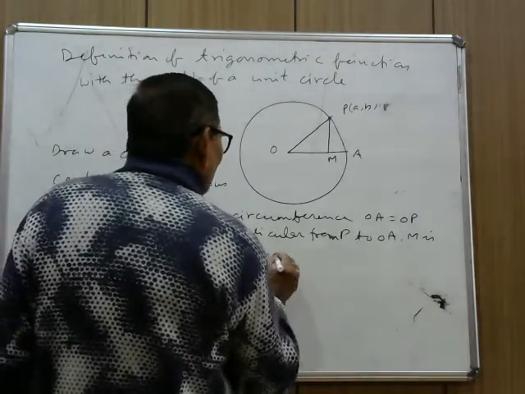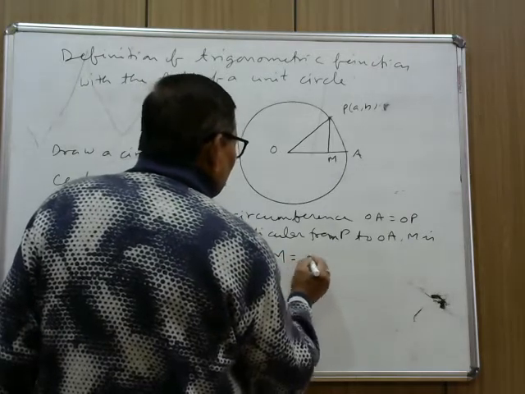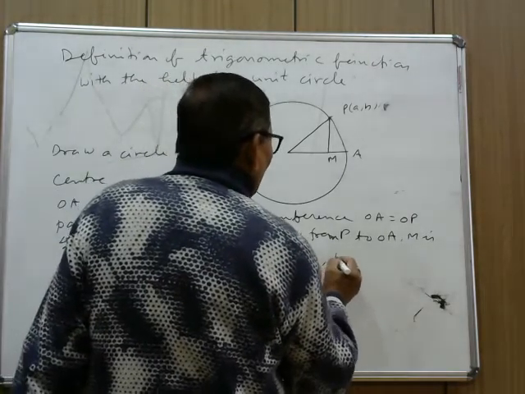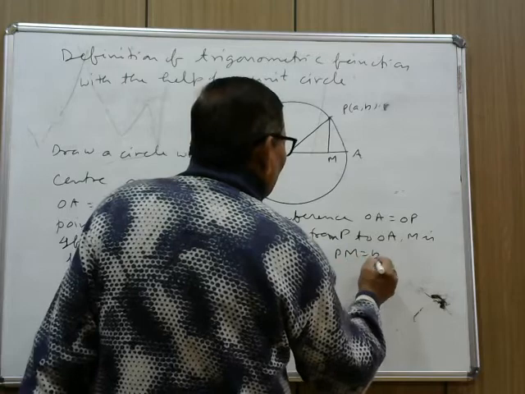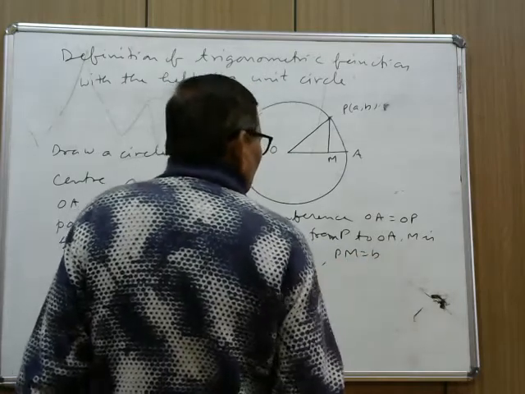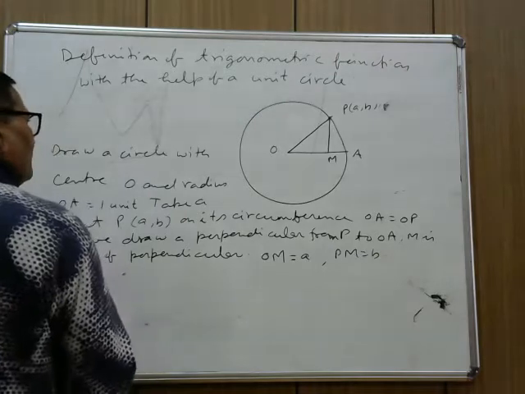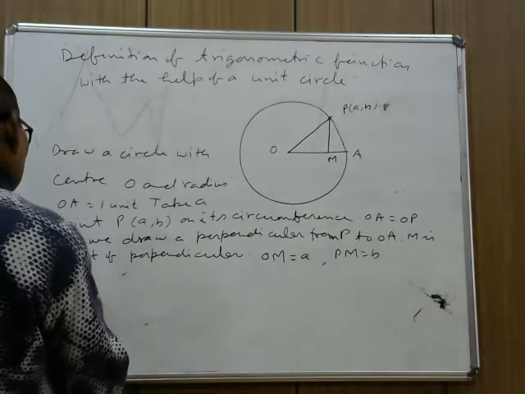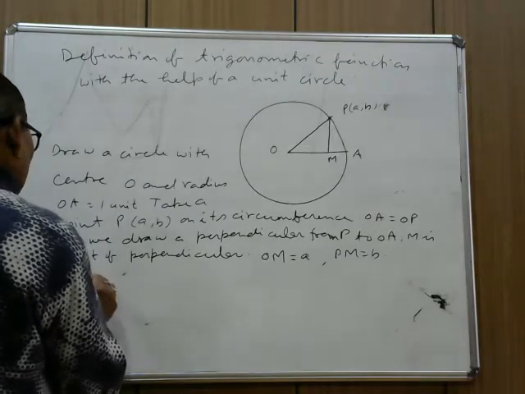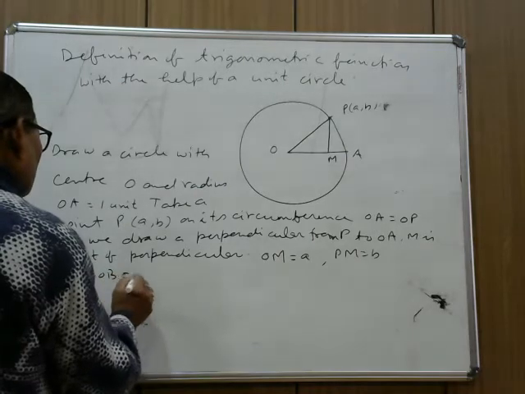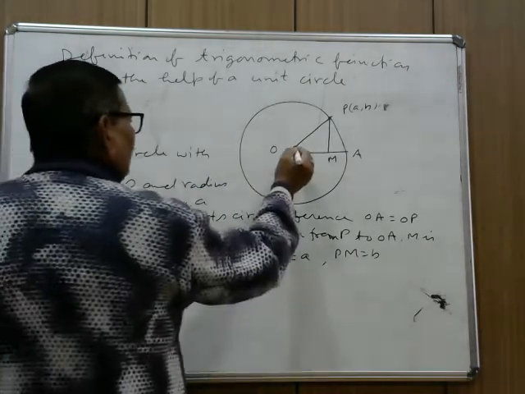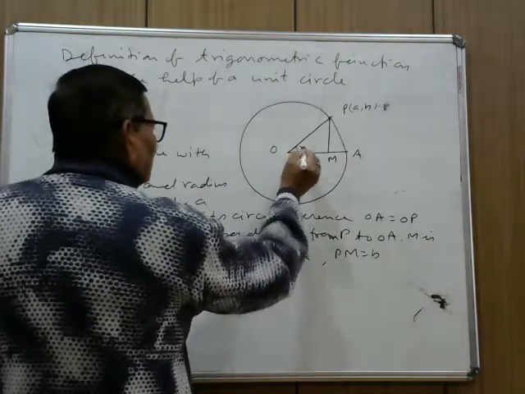Then OM is taken as a and PM is equal to b. Let angle AOP be equal to x. I have taken this angle as x.